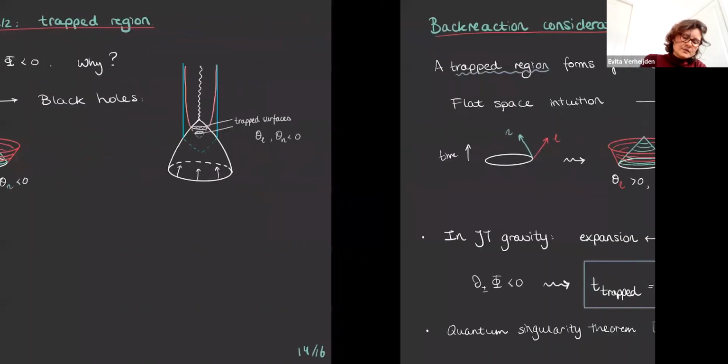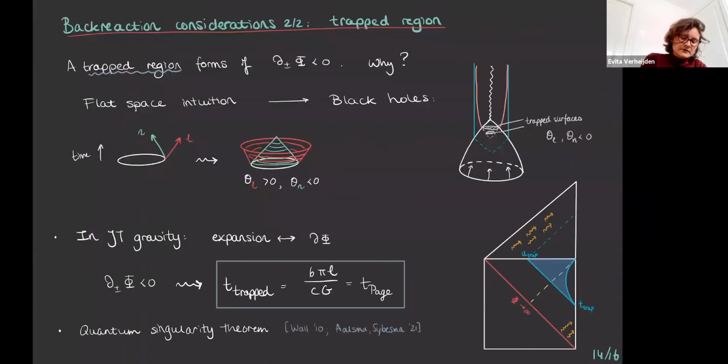And in JT gravity, these expansion scalars are linked to derivatives of the dilaton. Why? Well, this expansion is really just a change in volume. And remember that from the higher dimensional point of view, this dilaton is like the size of the transverse sphere, so also here this is related to a change in volume.